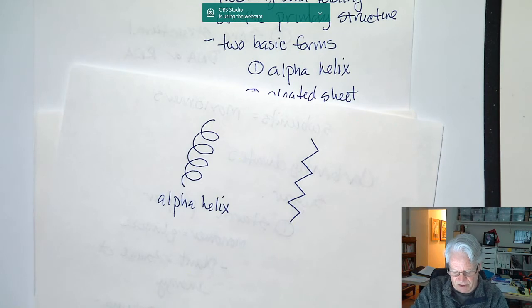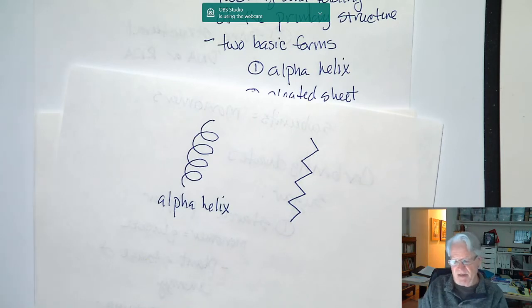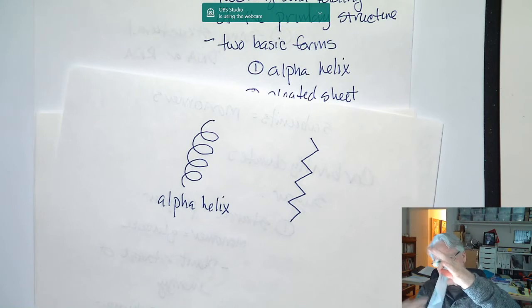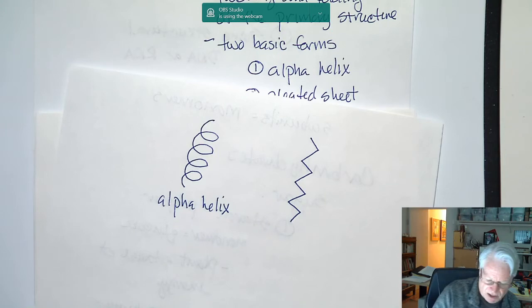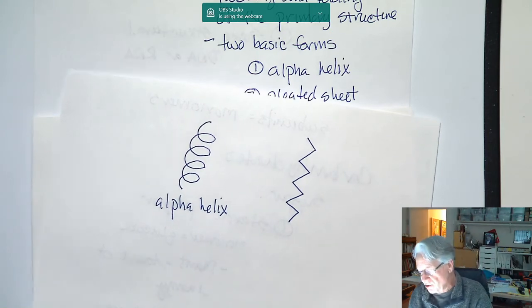And here is my pleated sheet. Okay, and you can see that pattern being produced as the way the interaction between amino acids forms this pleated sheet appearance. Okay, so that's my secondary structure.